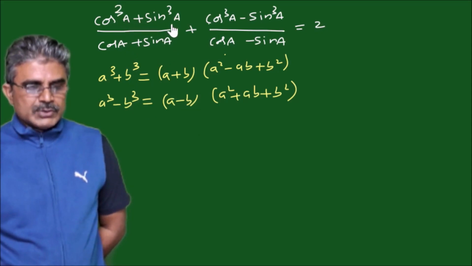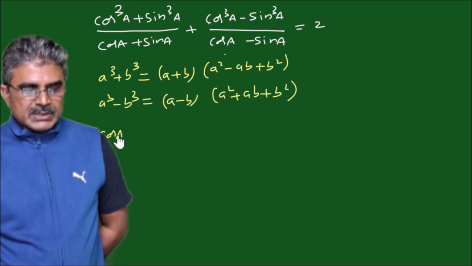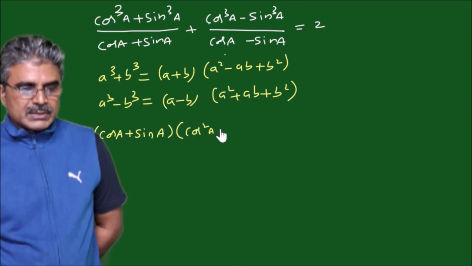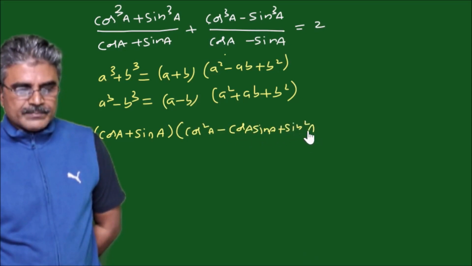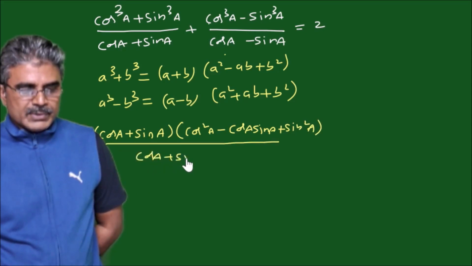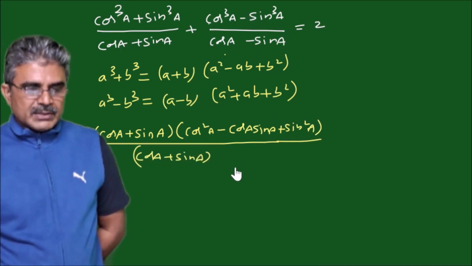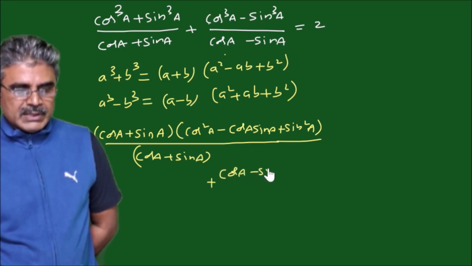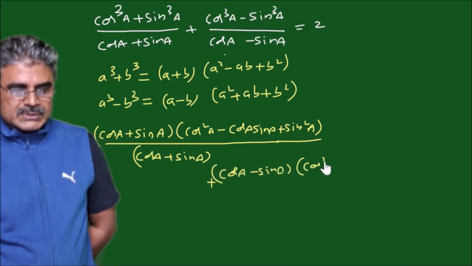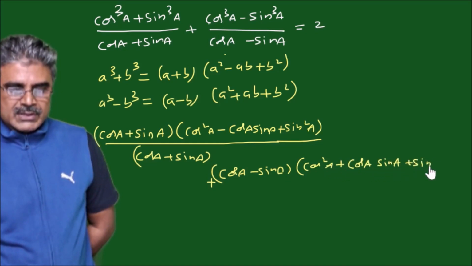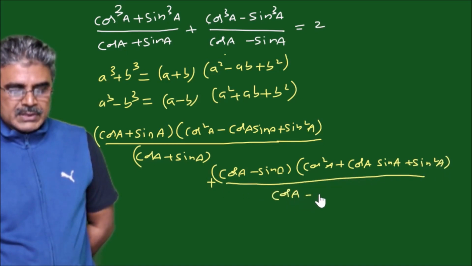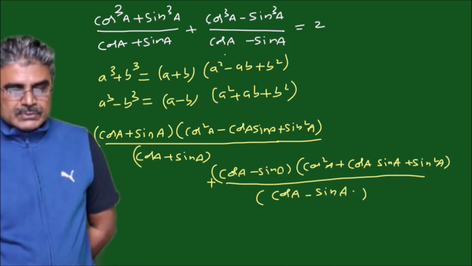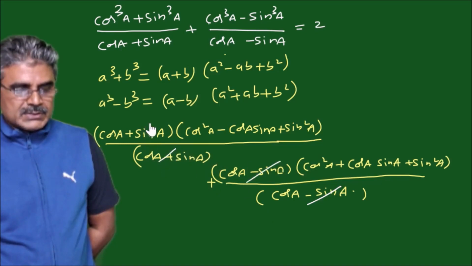So your cos cube A plus sin cube A can be written as (cos A plus sin A) into (cos square A minus cos A sin A plus sin square A), divided by cos A plus sin A. And from the second term you have (cos A minus sin A) into (cos square A plus cos A sin A plus sin square A), whole divided by cos A minus sin A. So these two get cancelled and these two get cancelled.